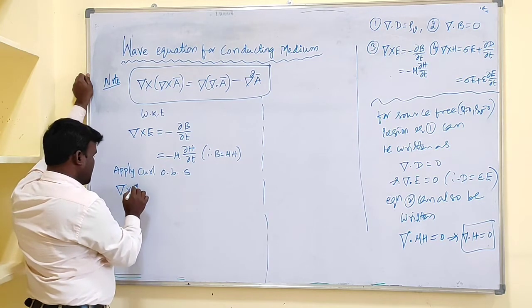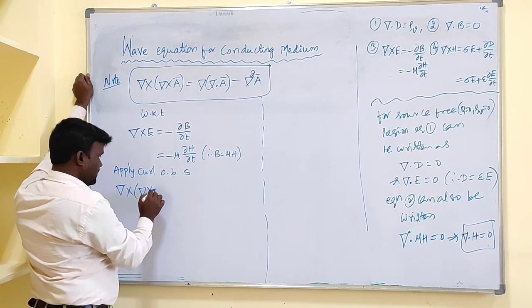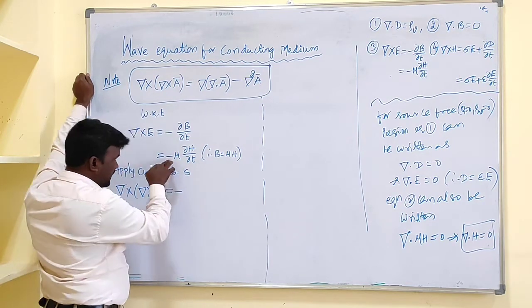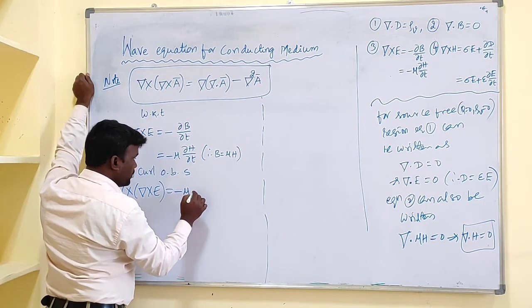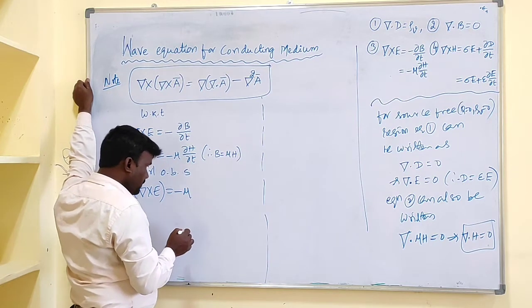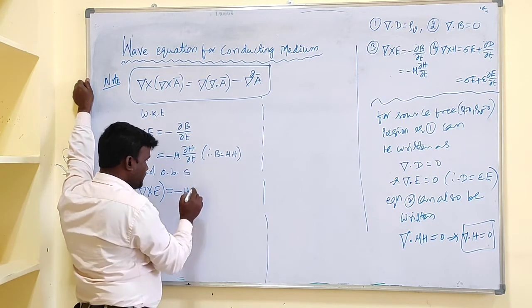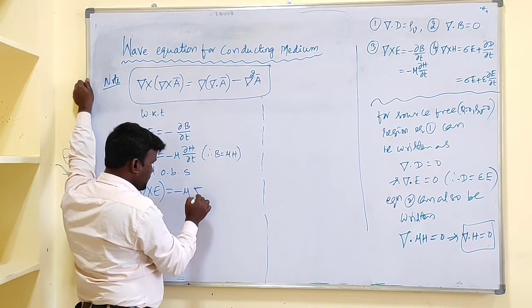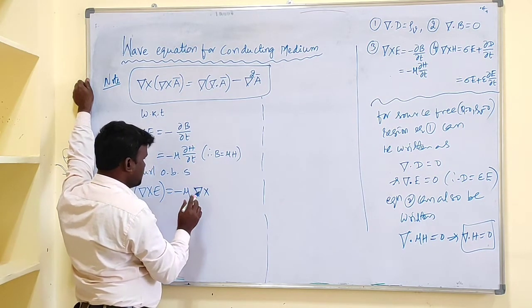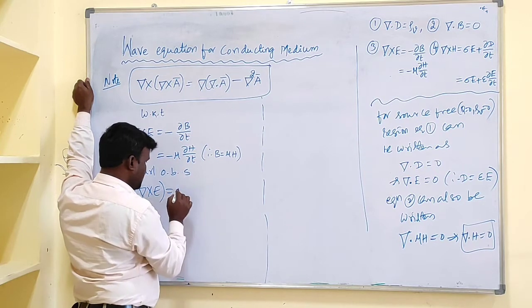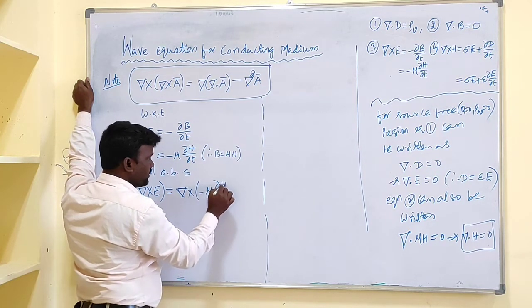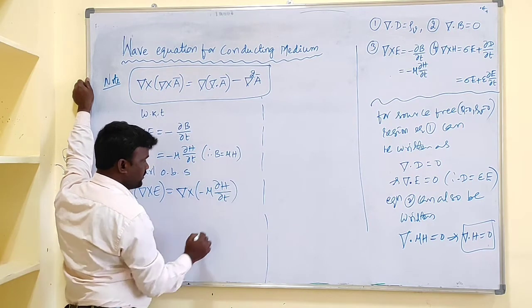On the left hand side we have del cross del cross E. On the right hand side, we have minus mu dou by dou t, del cross H.